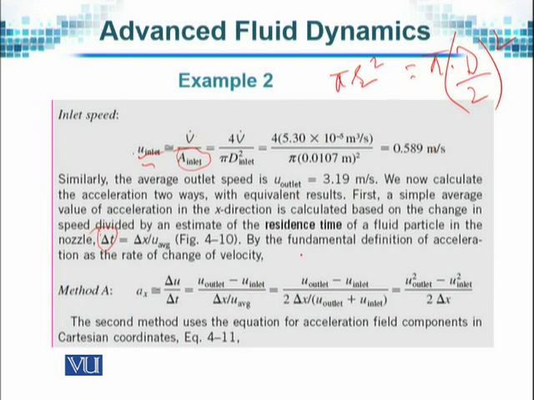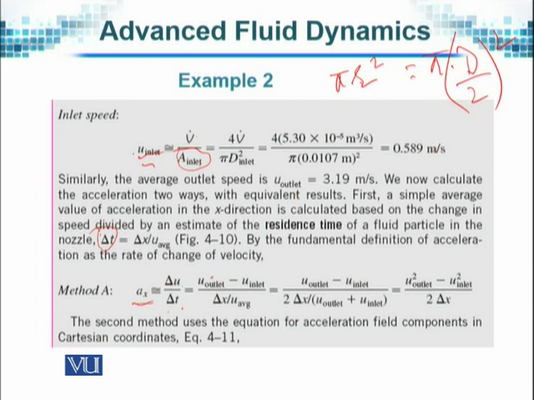By the fundamental definition, acceleration is the rate of change of velocity, and in this case, since we are averaging things, the rate of change with respect to average velocity. So acceleration in the x component, because the other components are 0, will be delta u by delta t, a small difference in velocity covered in a small difference in time. That is how we do it in calculus anyway, and all of you will be familiar with that.